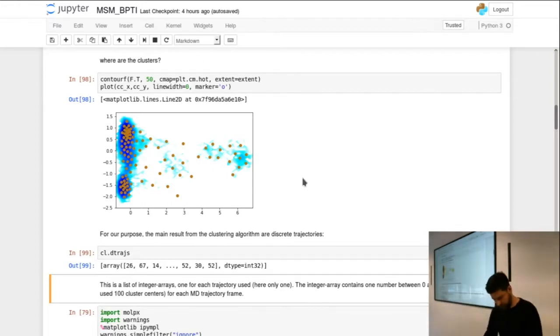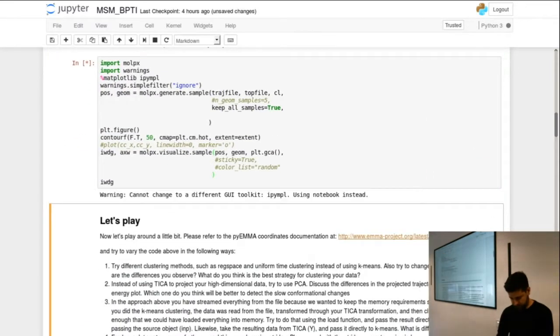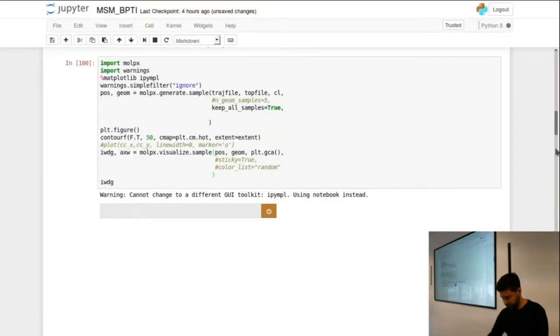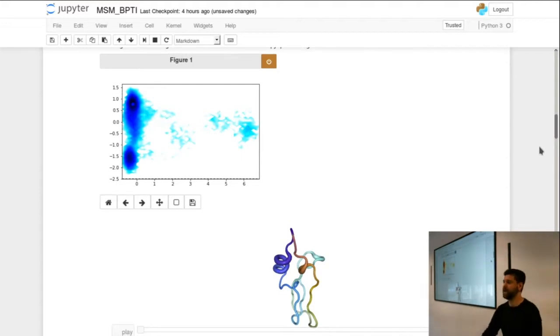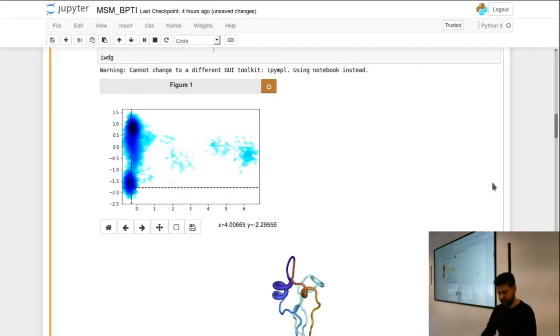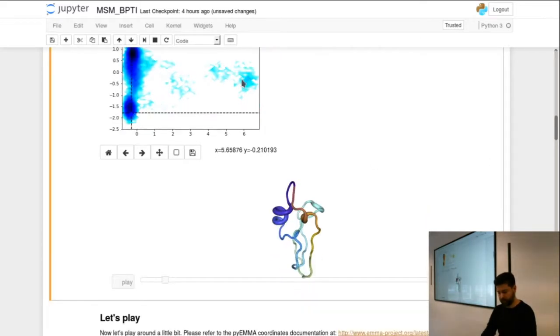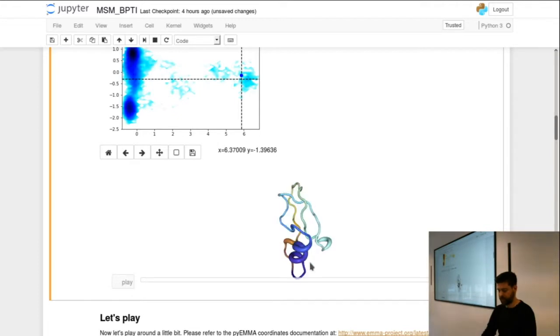Okay, so this is pure publicity now, but we have in the group another piece of software that helps visualize better what is behind each cluster center. And I will be showing it tomorrow if there's time, and you will be able to play around with it. For now, it's a nice demonstration that you can now assign to every point in space the molecular structure behind it.